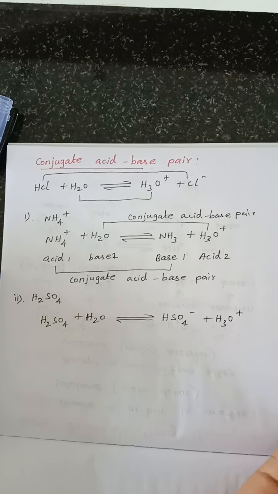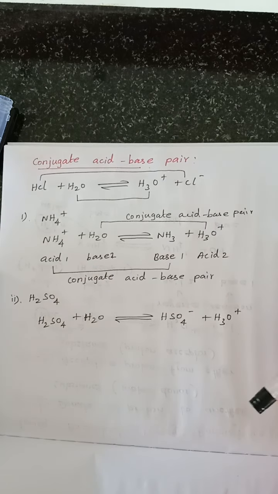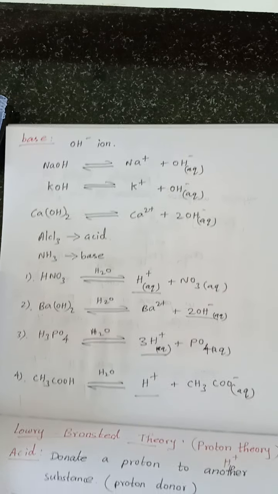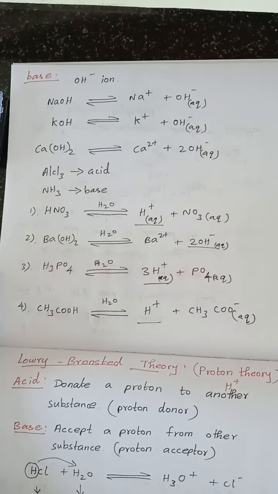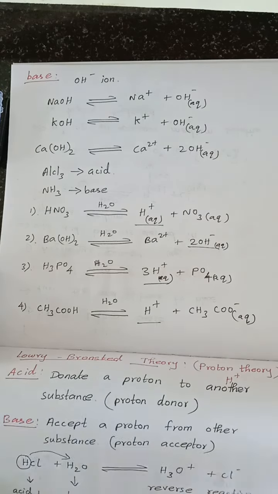So which one is acid? Acid is a proton donor and base is a proton acceptor. You see in your note, acid is proton donor and base is proton acceptor.